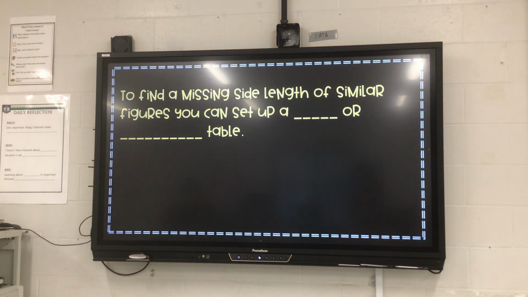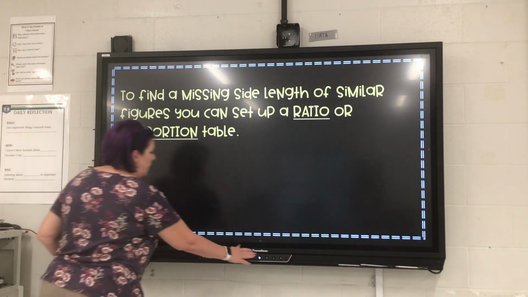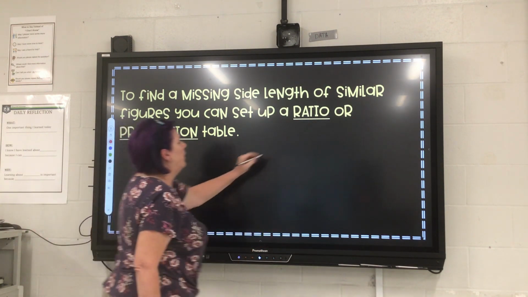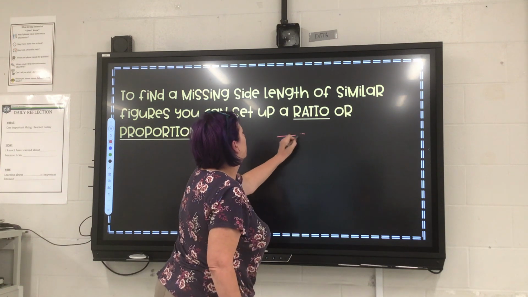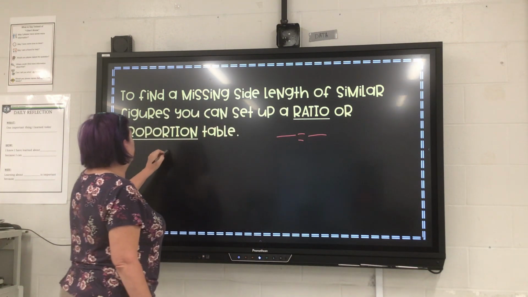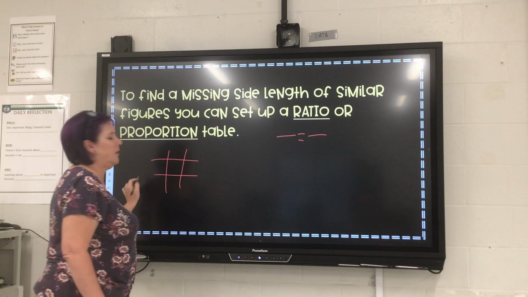Okay. To find missing side lengths of similar figures, you can set up a ratio or a proportion table. Okay. Ratios look like that. Proportion tables are our tic-tac-toe boards.